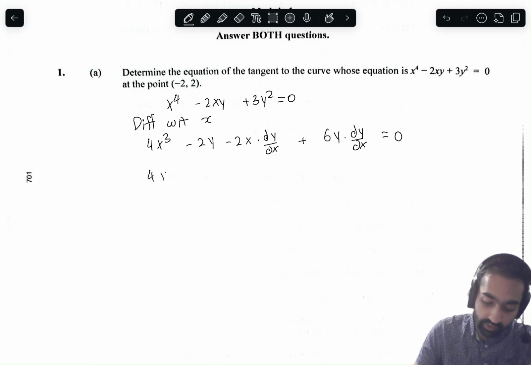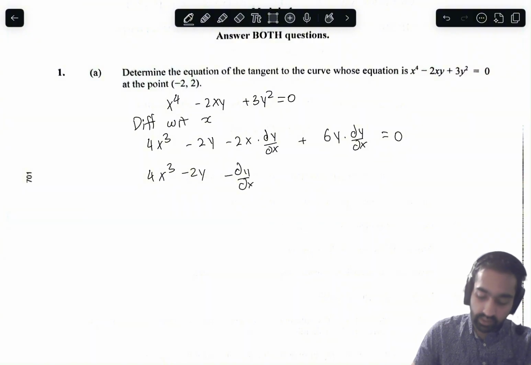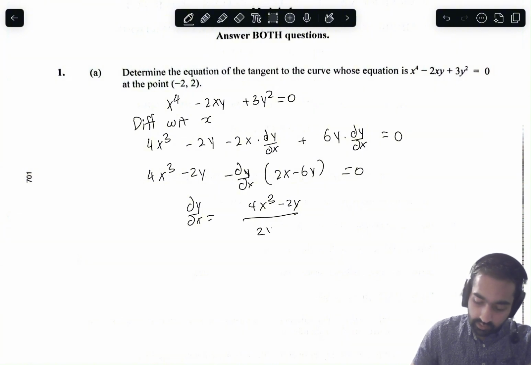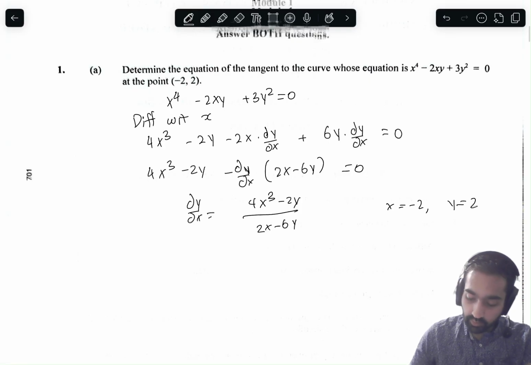Now I just solve for dy dx. 4x cubed minus 2y minus dy dx times 2x minus 6y equals 0. So dy dx is equal to 4x cubed minus 2y over 2x minus 6y. Remember, x is equal to minus 2 and y is equal to 2.